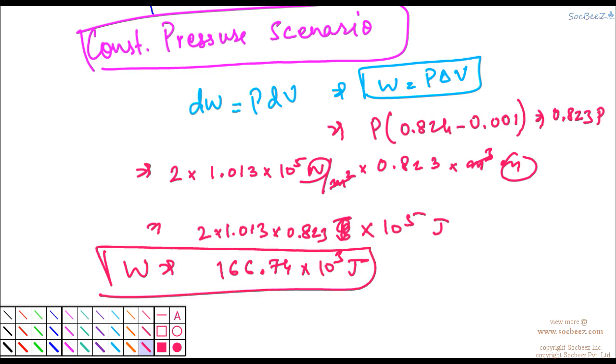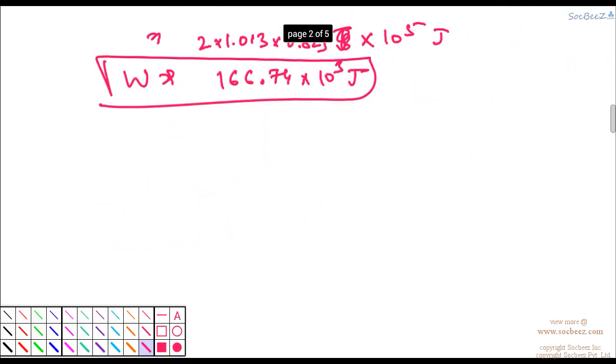The important thing here was to realize that it is a constant pressure scenario, the change in the volume, and the very important fact that there is an anomaly in the units. So you have to keep in mind to form the correct units. The second question was, what is the increase in the internal energy?